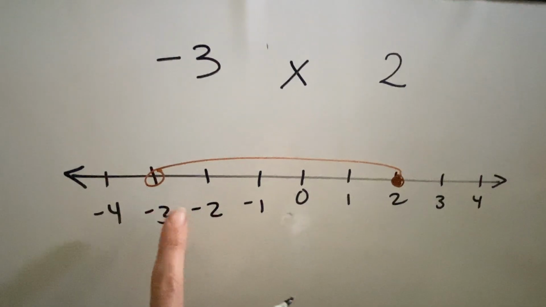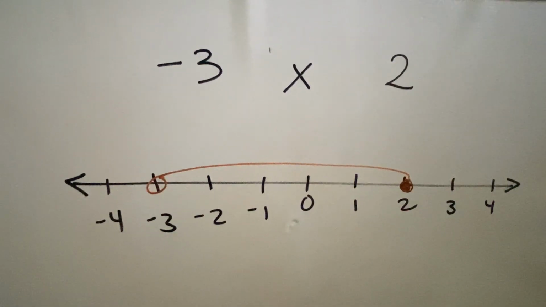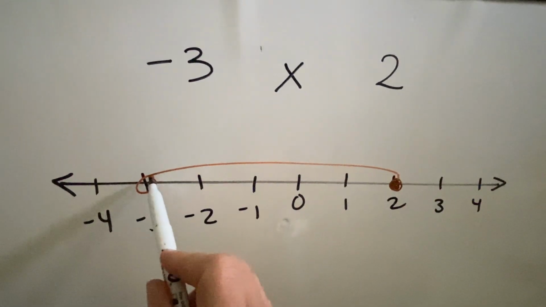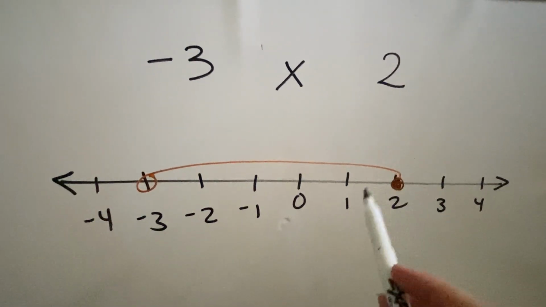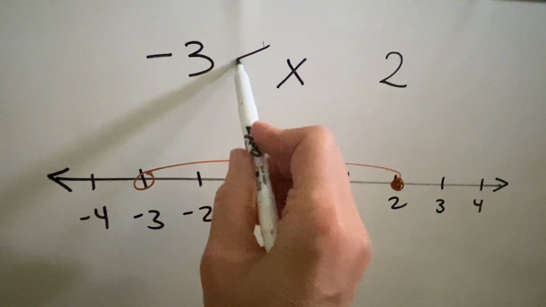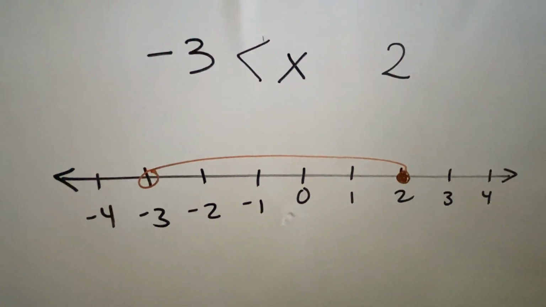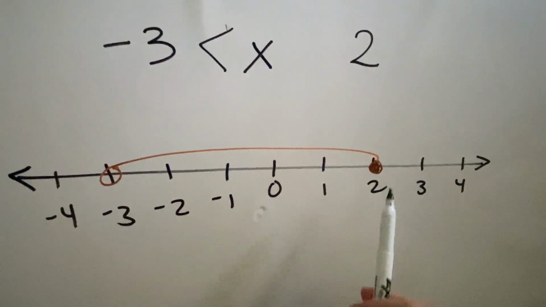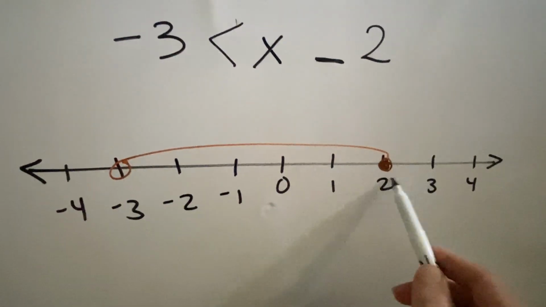First of all, is this an open circle? Yes, that means there's going to be no equal sign there. The arrow or the line here, this orange line, is going to the right, which means it's positive. So x has to be bigger than negative 3, but not equal to. So let's look at the other half over here, the 2. The 2 has the circle colored in.